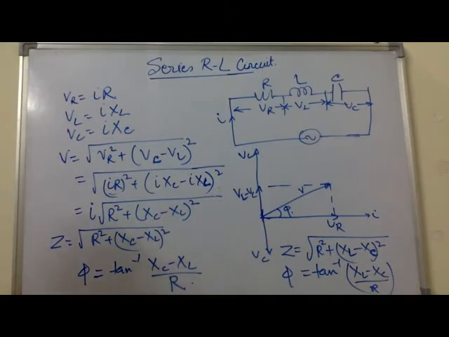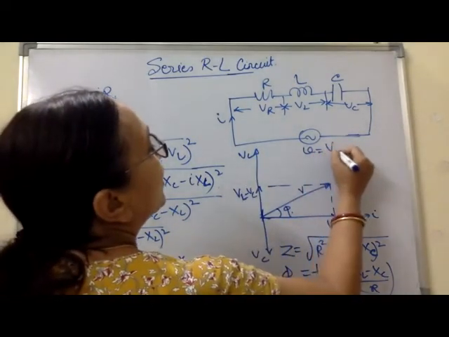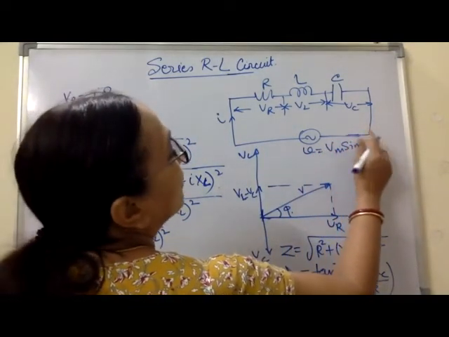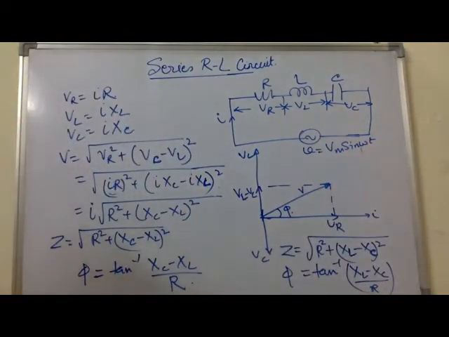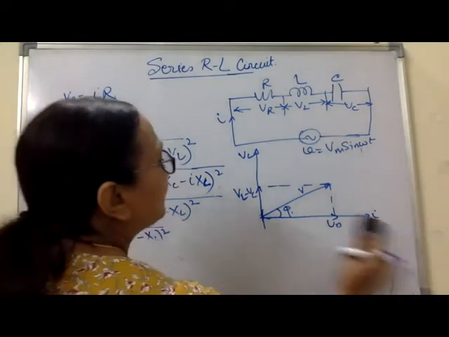So depending on the circuits, you can calculate the values and find out whether your circuit is resistive, inductive, or capacitive. And if both are equal, that gives you a separate condition of resonance, which we'll discuss later.